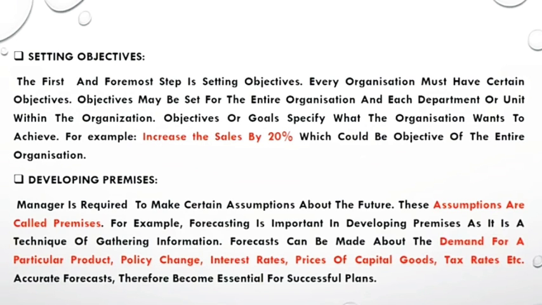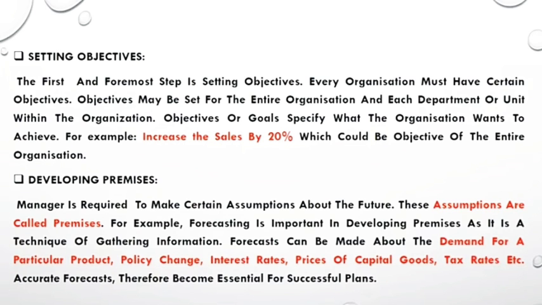For an example, increase the sale by 20%, which could be the objective of the entire organization, and this objective at the same time must contribute the ideas for the managers to participate in setting the process.